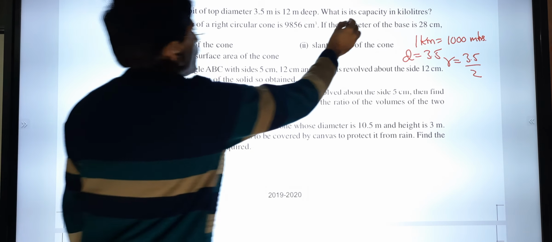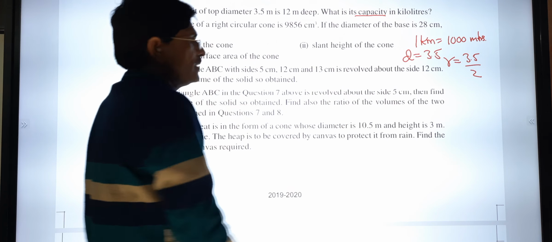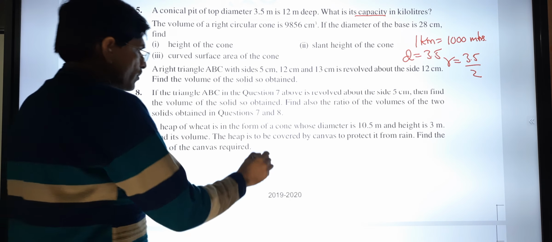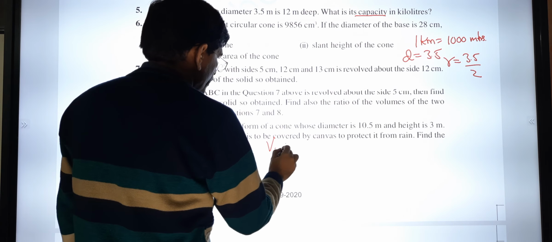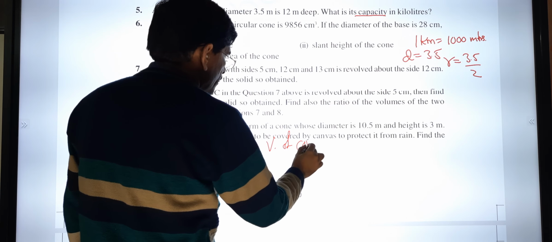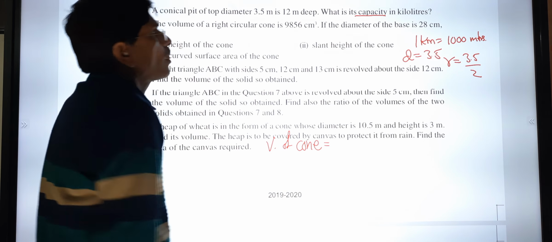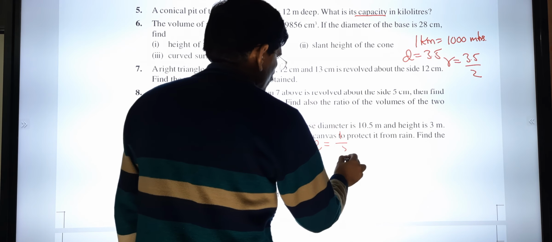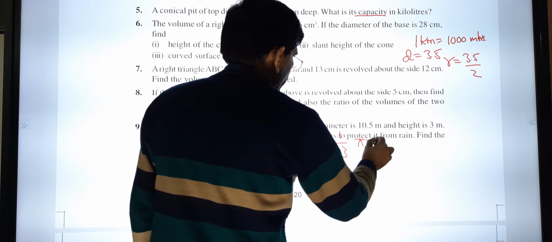Now we have to find out the capacity, means volume. So we know the formula: the volume of a cone is equal to 1 by 3 pi r square h.